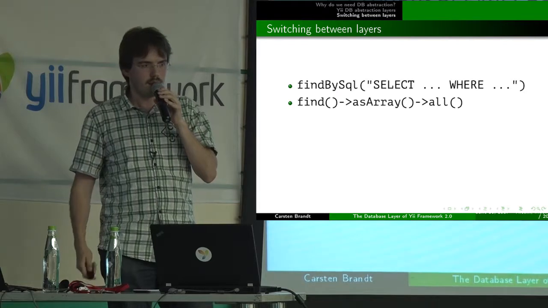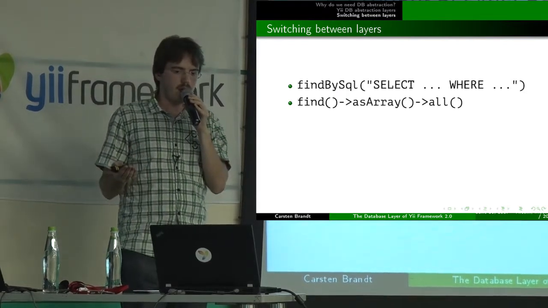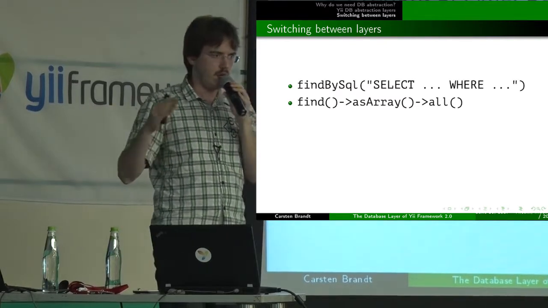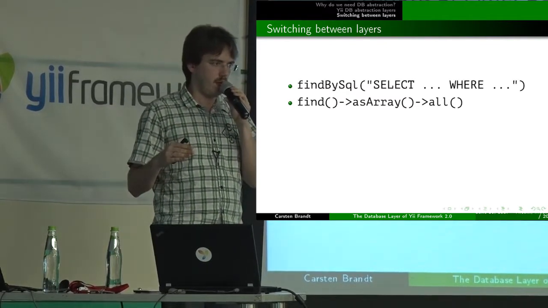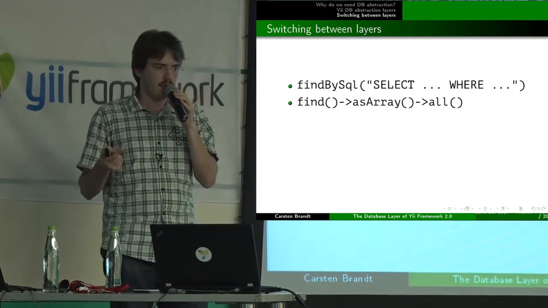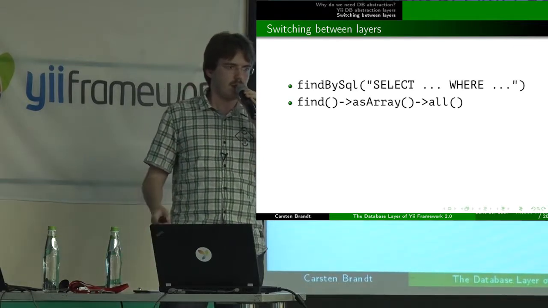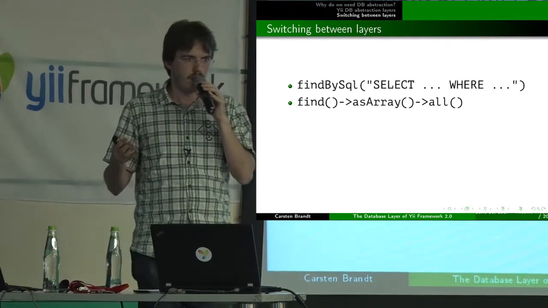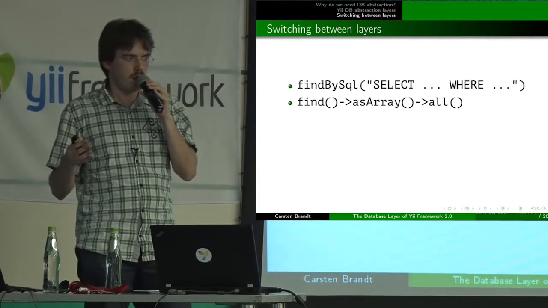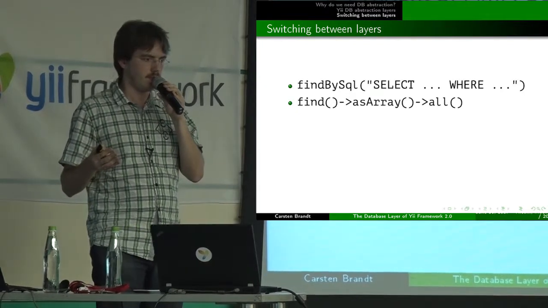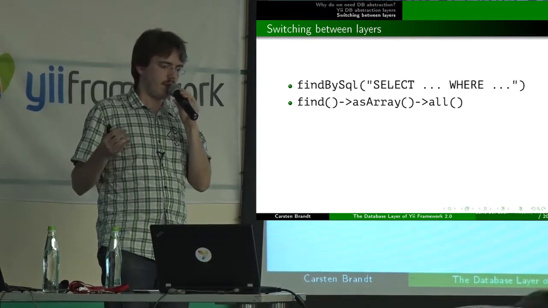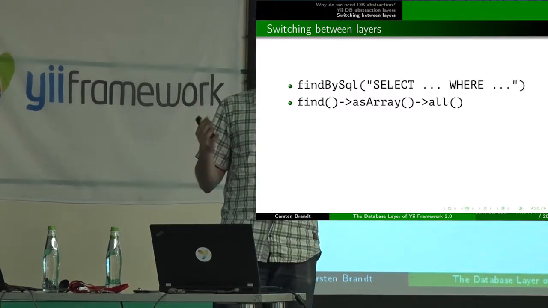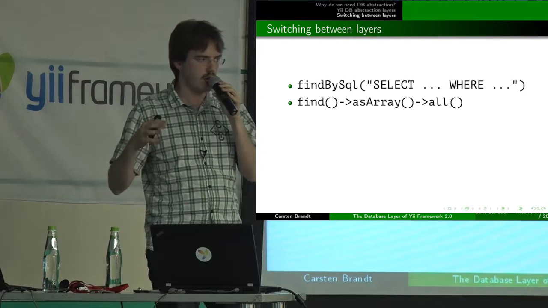In most cases it's fine to do this, but because we are switching to a lower layer, we have less functionality. With ActiveRecord, we have conversion of types. For example, if you select things from a database via PDO, everything will be a string. And ActiveRecord has some functionality implemented that will convert these strings based on the knowledge it has.